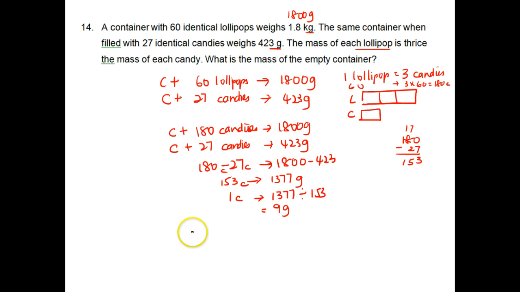So I want to find the mass of the empty container. Container plus 27 candies is 423 grams. One candy is 9 grams, so 27 candies is 27 times 9, which is 243.